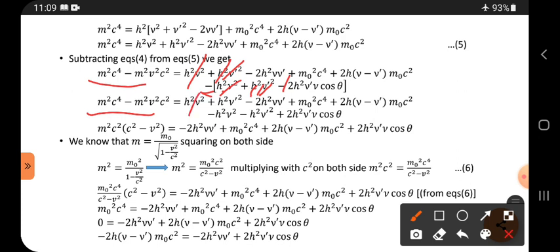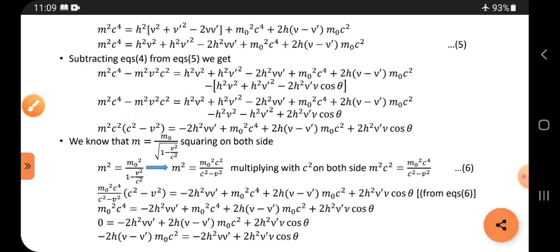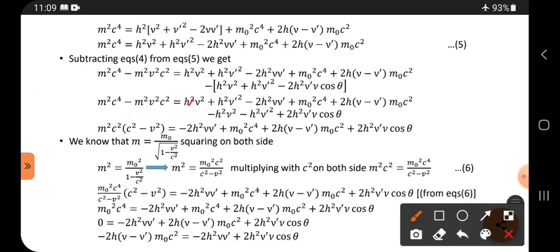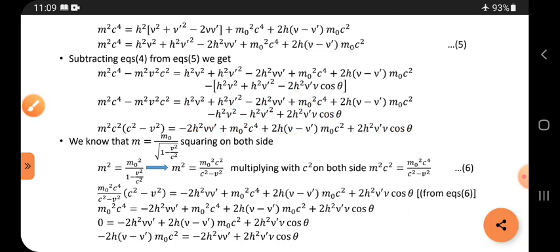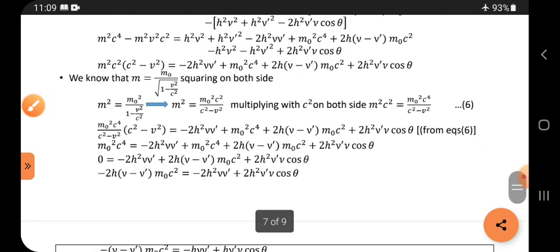So this is cancelled, this is cancelled, and this one and this one are cancelled. Why? Because those two are plus, these two are minus. And the remaining terms, this is, and this is. Next this one is copied, and next this one is copied. Keep it like this aside.